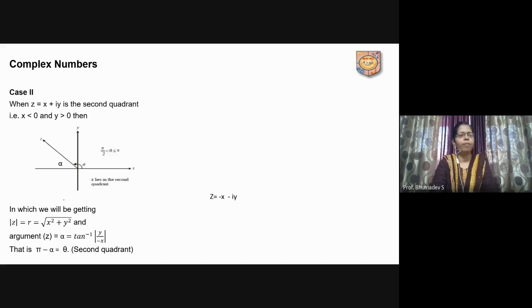Then the argument of z, which is alpha in this case, can be written as tan inverse of y upon minus x, because in the second quadrant the x value will be minus. So we can write pi minus alpha as theta, which is in the second quadrant.